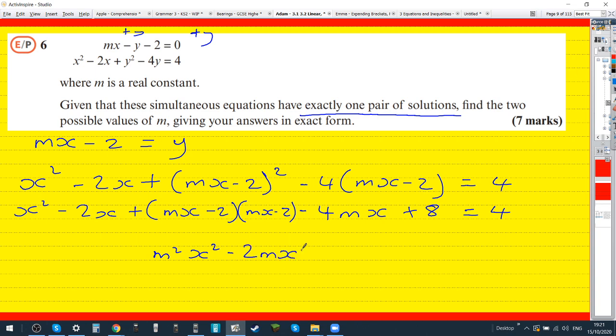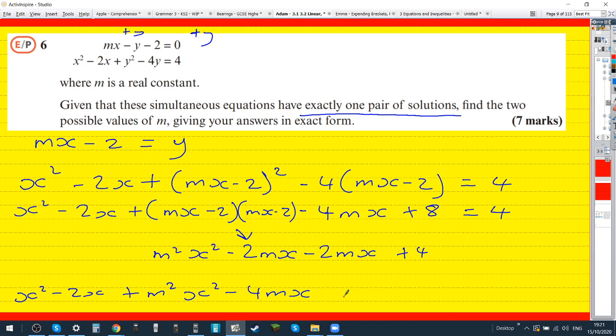Minus 2mx again. And then plus 4. And then you'd simplify it. So it'd be m squared x squared minus 4mx plus 4.